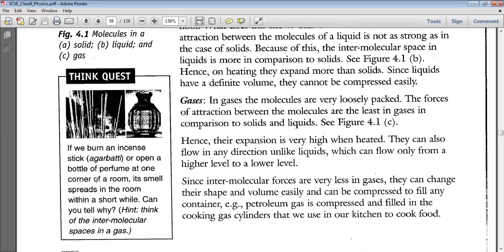Simple reason is that the molecules of the agarbatti or the molecules of the scent continuously spread to the other parts of the room, simply because they are the molecules of a gas, and the molecules of a gas can move about freely in space, and hence within few moments you can smell the scent of the agarbatti or the incense stick at another corner of the room.